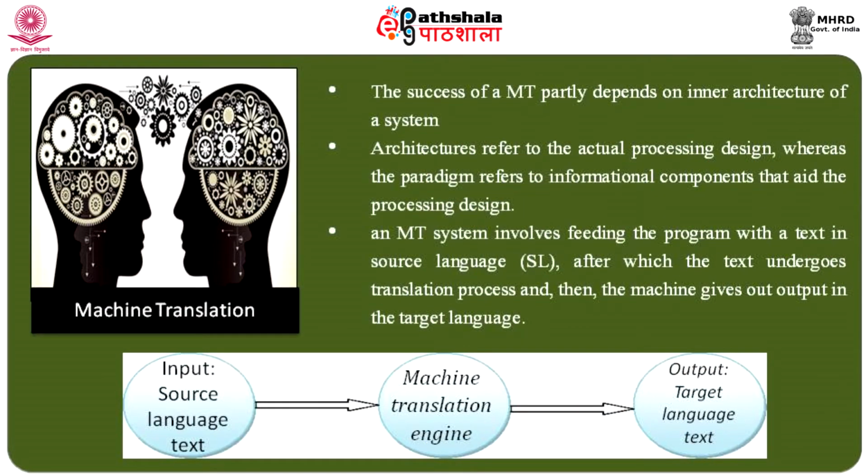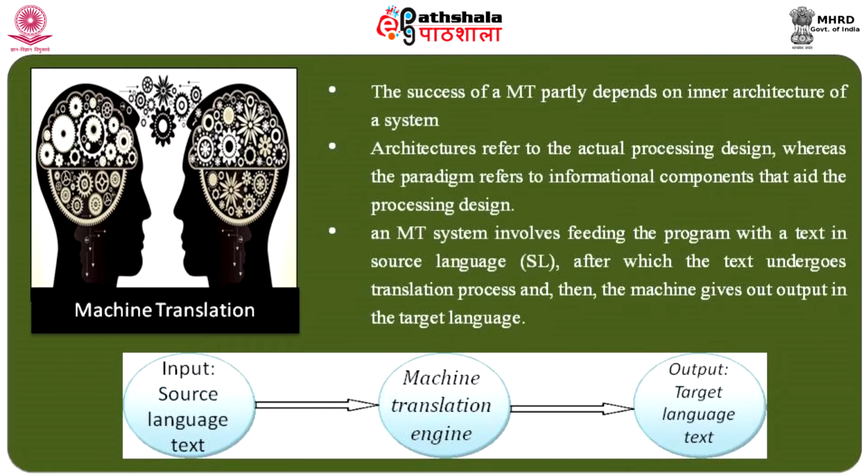The success of a machine translation partly depends on inner architecture of a system. That is the process of handling language in synthesis and generation to give final output. Systems can be built by different axes such as architectures and paradigms.